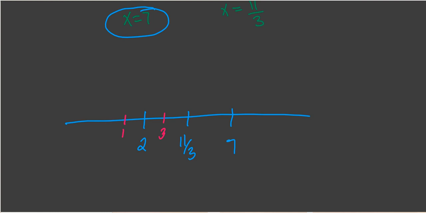In between 3.7 and 7, we can say 4. And then on the outside of the 7, we can say 8. So when we are creating our sign chart, we need to use these values of 1, 3, 4, and 8. These are going to be our test points.